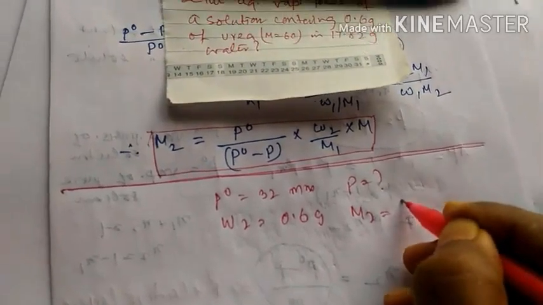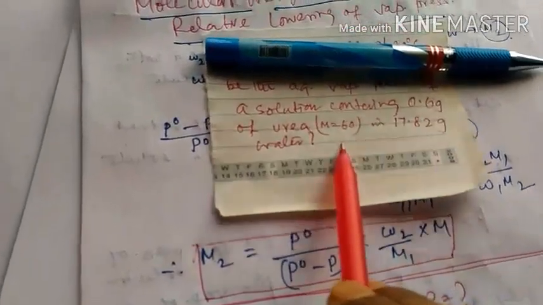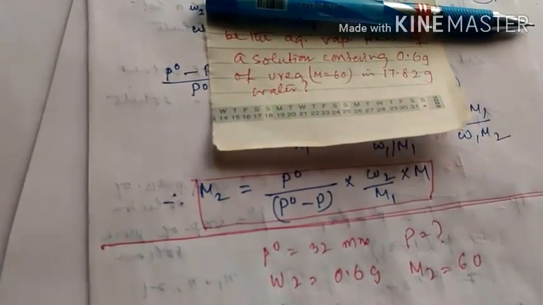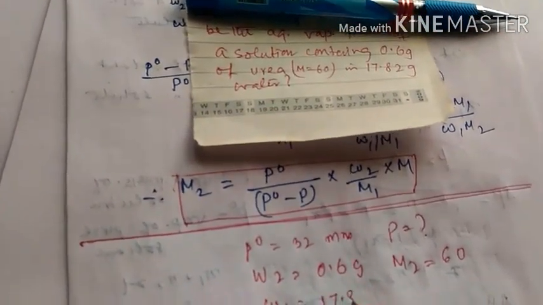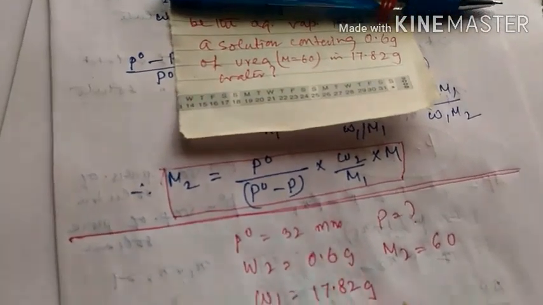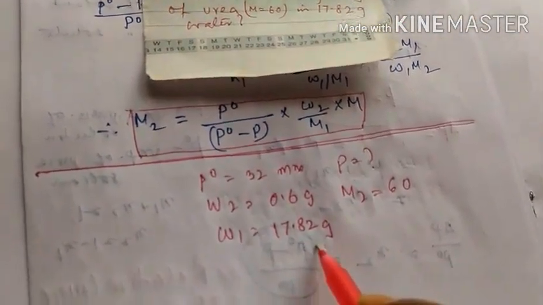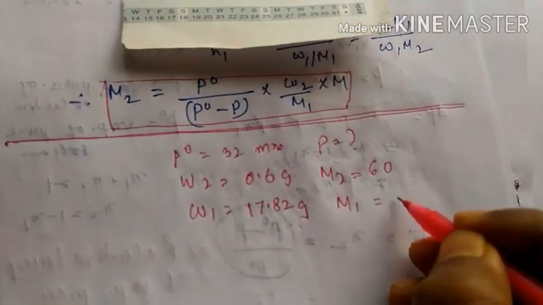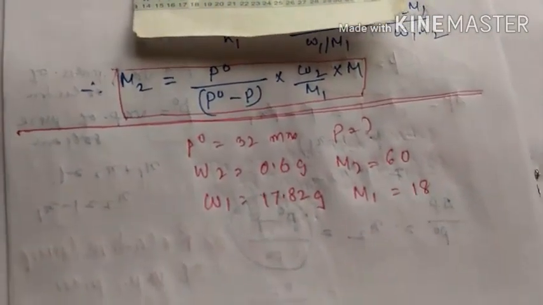M2 is 60 for urea, the solute. W1, the weight of solvent, is 17.82 gram, and M1, the molecular weight of the solvent water, is 18.